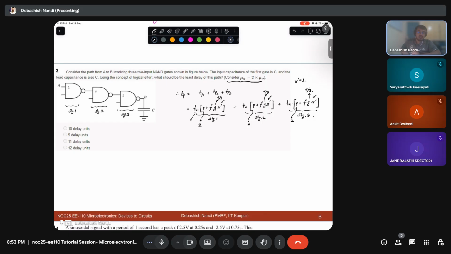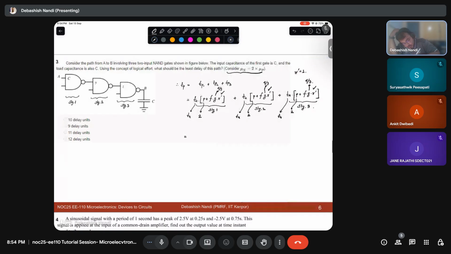Tu is the inverter's delay, so in all cases it will be Tu. So can I write it this way? It will be 3 times Tu times P, plus Tu times G times gamma dash times (F1 plus F2 plus F3). Is that okay?